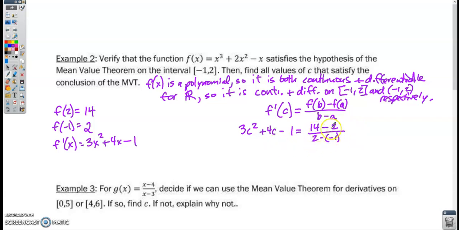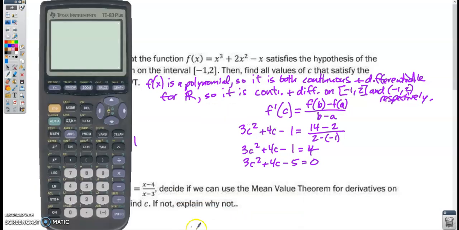And so that's 12 over 3, which is equal to 4. So we're looking for where 3c squared plus 4c minus 1 is equal to 4. We'll go ahead and get c by itself and use the quadratic formula to solve this, or I can solve it on my calculator, however you want to do it.